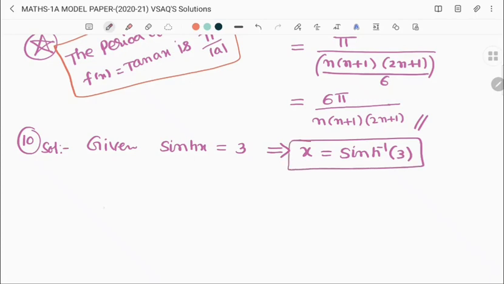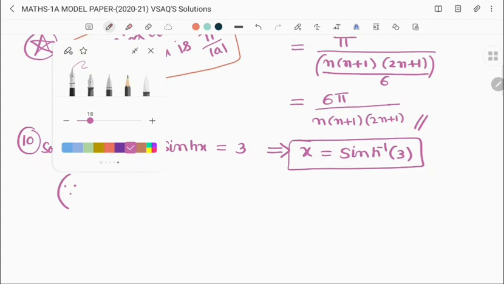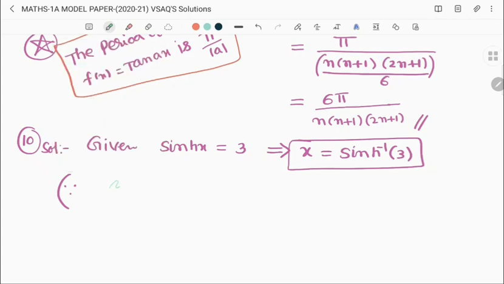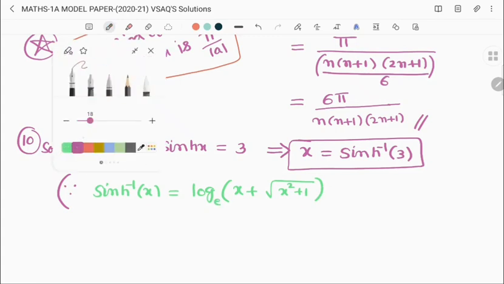Keep in mind, dear students, we have the formula: sin h inverse x is equal to log of x plus root over x square plus 1. That is the formula for sin h inverse x.